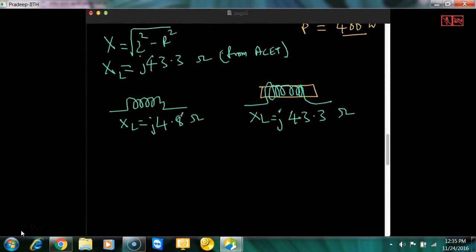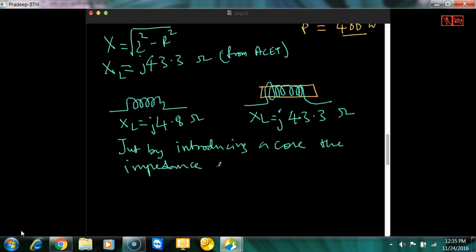Okay, so the coil is the same, the wire is the same, winding is the same. Just by introducing a core, the impedance is increased.